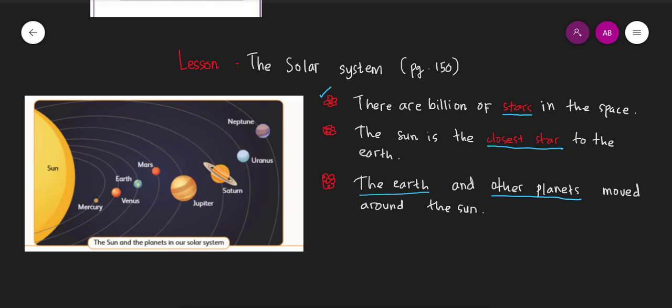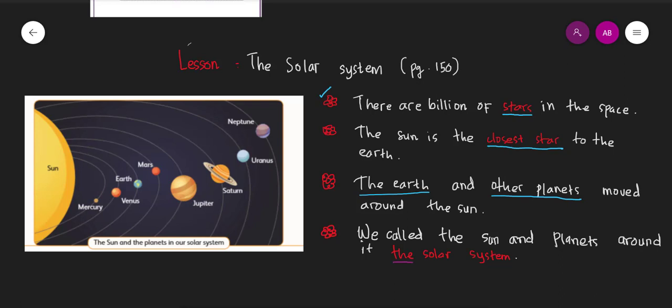Oh, I forgot to tell one thing. We call the sun and the planets around it the solar system, everyone. Okay, and here teacher Via already wrote it for you. We call the sun and the planets around it the solar system. Make sure that you remember everything that is already written over here, okay kids?